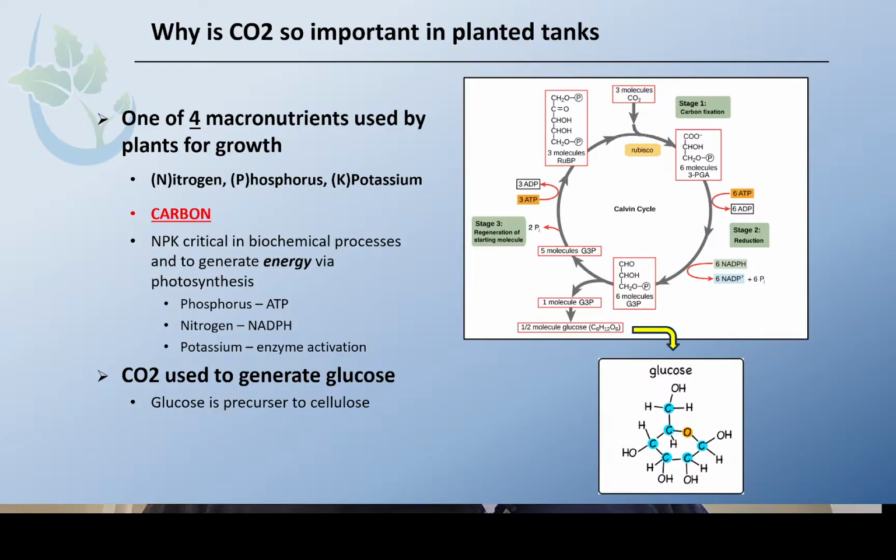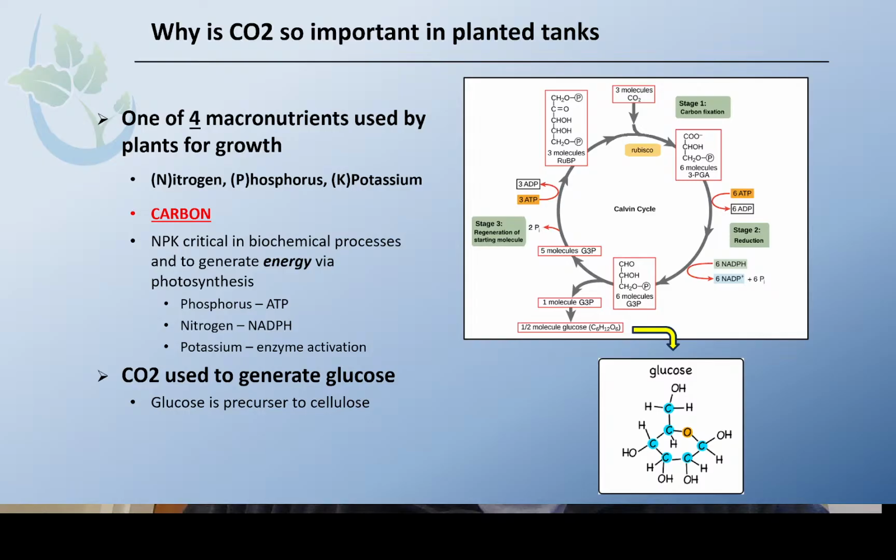In planted tanks, it actually regulates a lot of the enzymes that are involved in glucose production or in the macromolecule synthesis. So if you look at glucose, just based on the molecule itself, you see 6 carbons, right? So without a heavy input of carbon, you're not going to get a lot of plant growth.